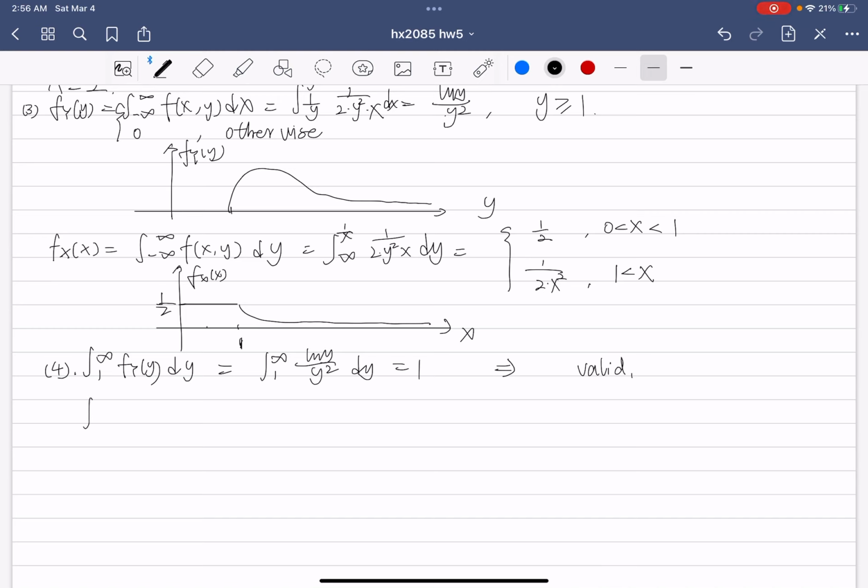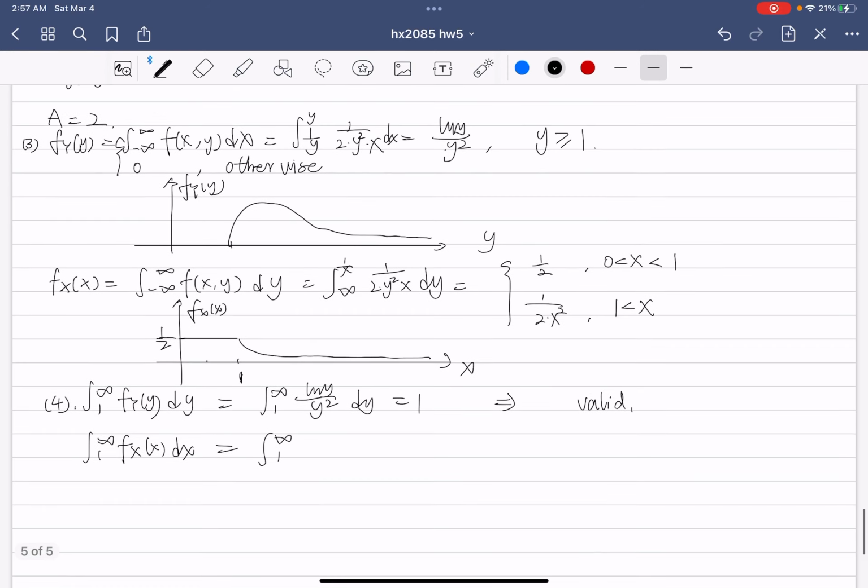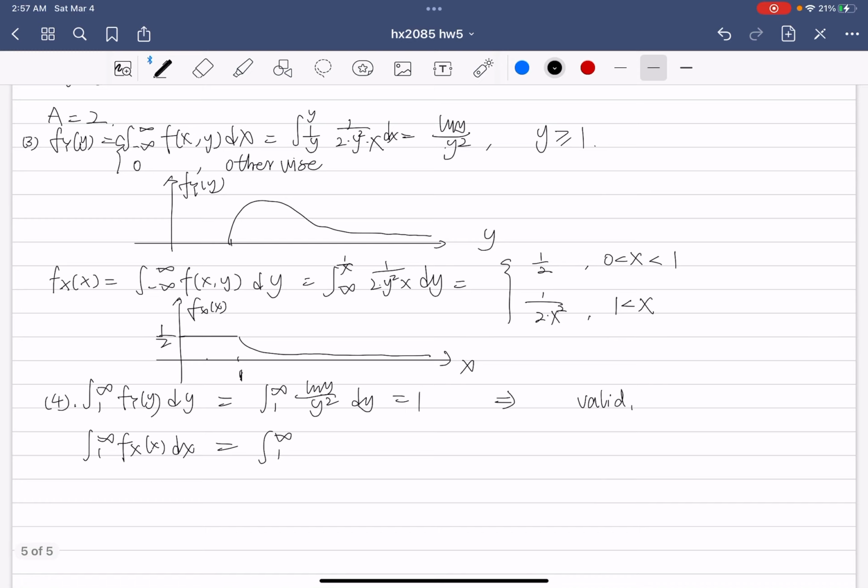And for x, the integral from 1 to infinity of fx dx equals the integral from 1 to infinity of 1 divided by 2 times x squared dx, which is 1 over 2. It's also valid.